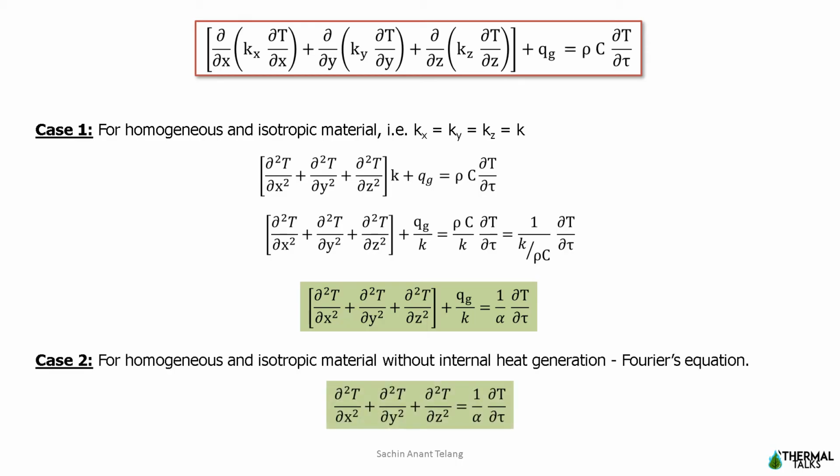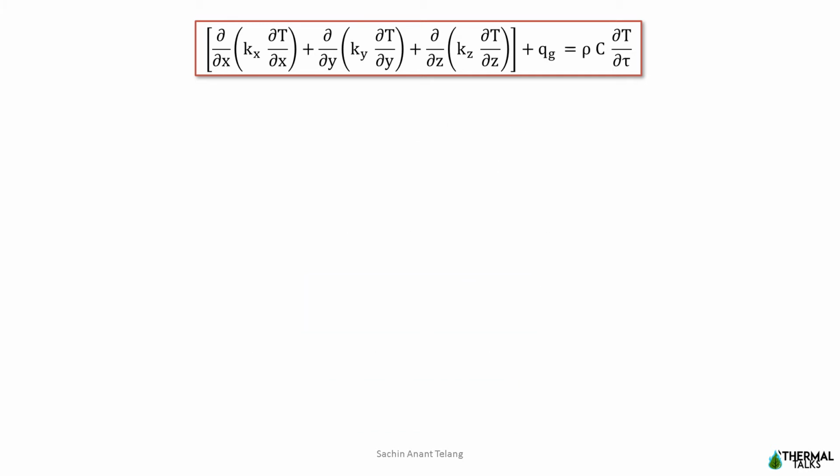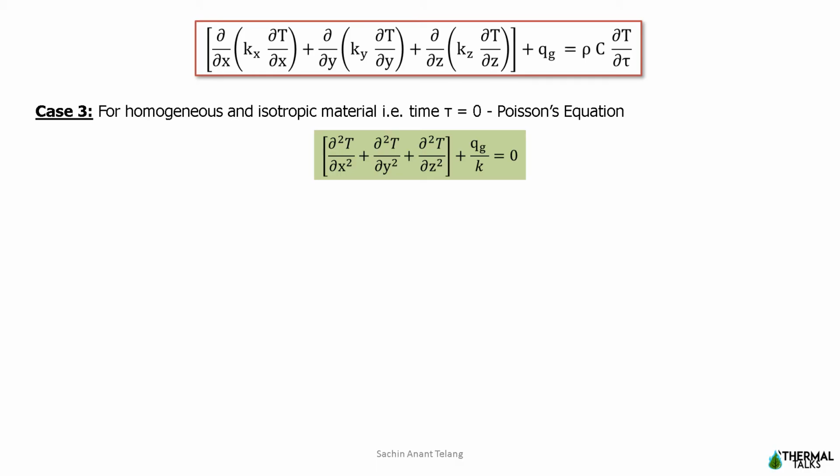Case number 2: we assume the material to be homogeneous and there is no internal heat generation happening, which is a Fourier equation where the Q term is removed. Now case number 3: we assume the material to be homogeneous again, but we assume it to be a steady state heat transfer process, which means we are not considering time, so dou T becomes 0.